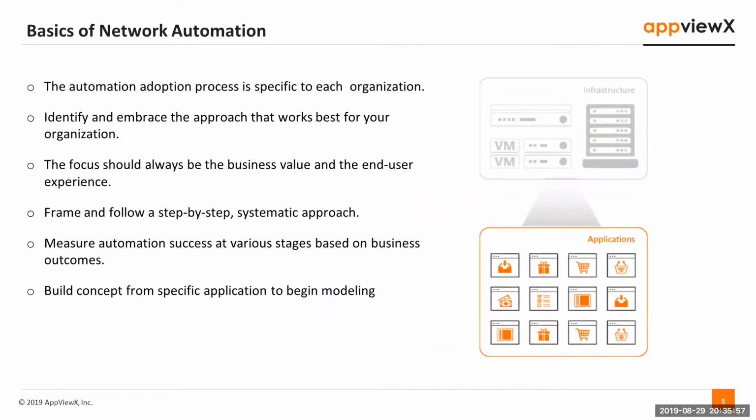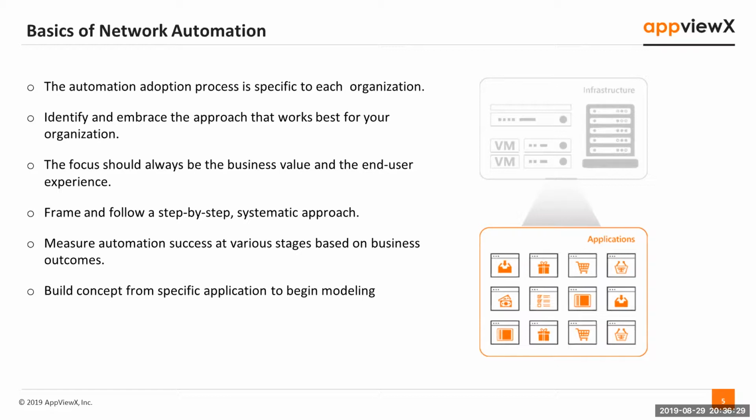The basics of network automation consist of automation adoption processes. That's really the essence of the beginning. A recognizable change in the approach, the willingness to embrace the adoption of automation itself. And to do that, you'll want to identify and embrace what works best for your organization.